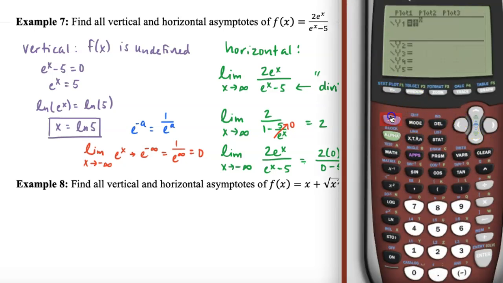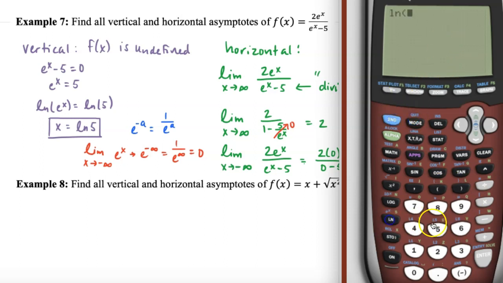So I have 2 e to the x, just inserting some parentheses, 2 e to the x divided by e to the x minus 5. And I have a vertical asymptote at the natural log of 5, which looks to be maybe between 1 and 2.